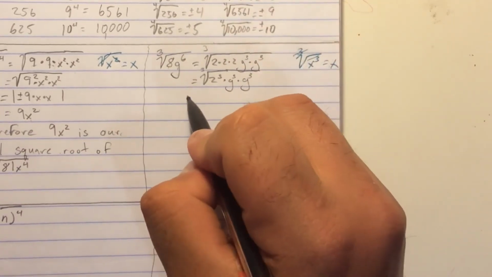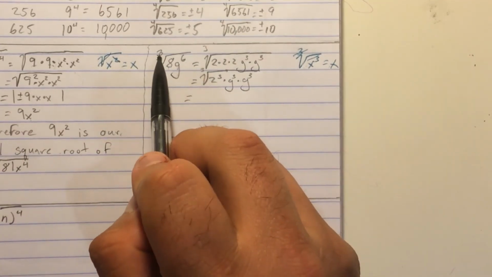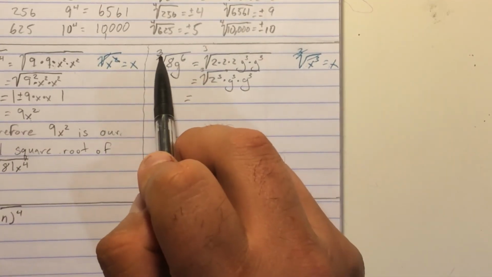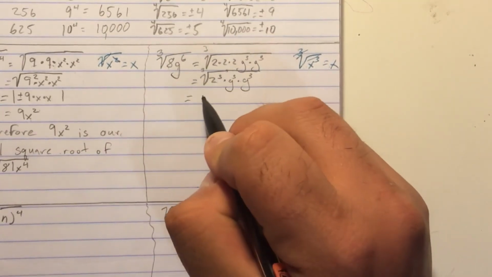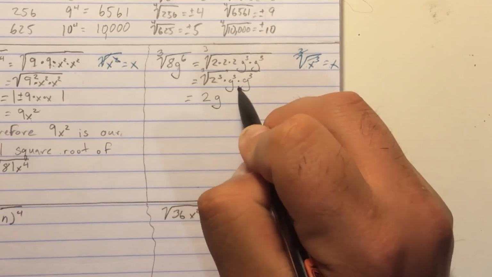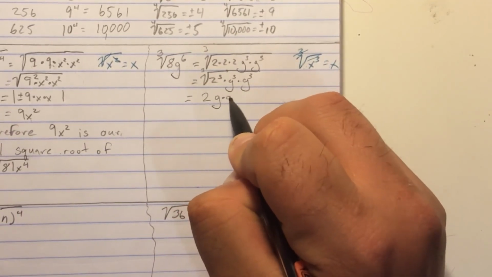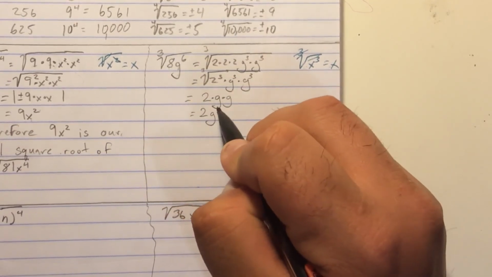So now I just take everything out. We don't need the absolute value for this one because it's an odd radical. We only do it with our even radicals. What's left over is 2 times g times g, which gives us 2g squared.